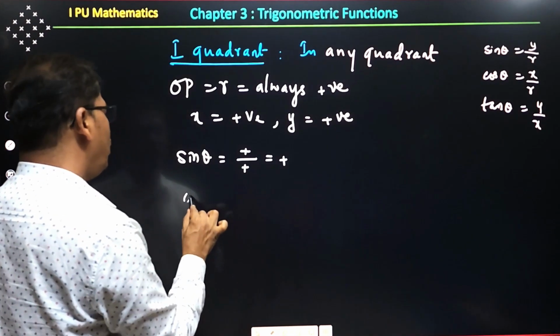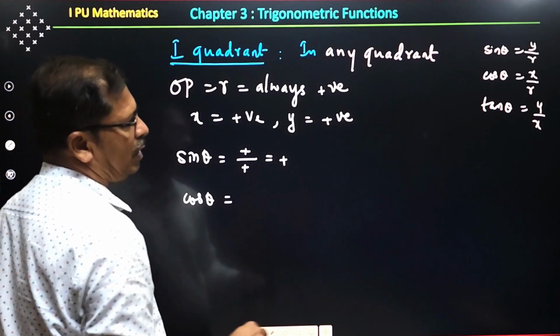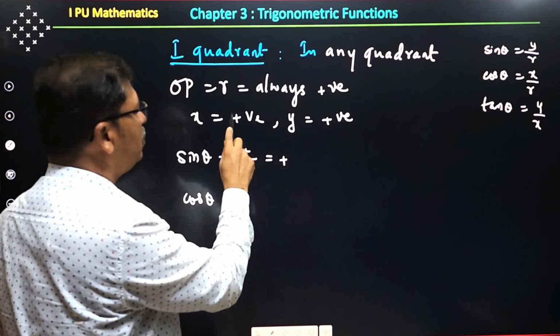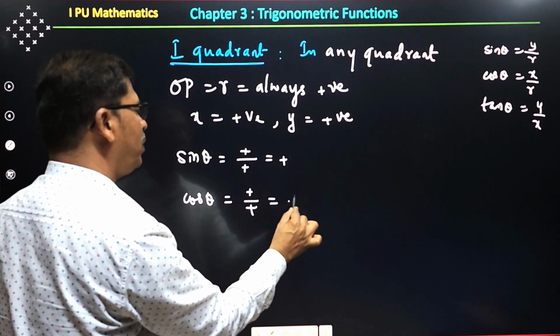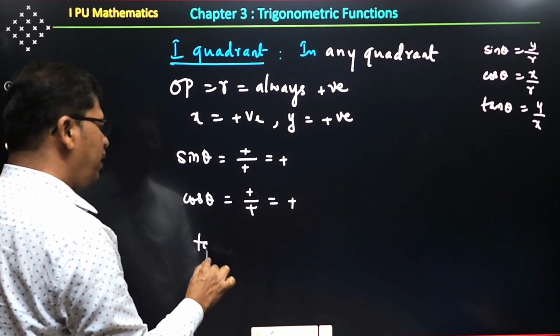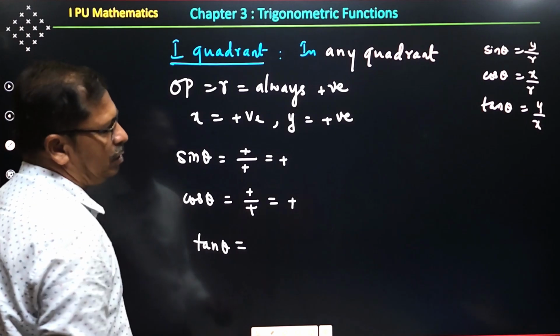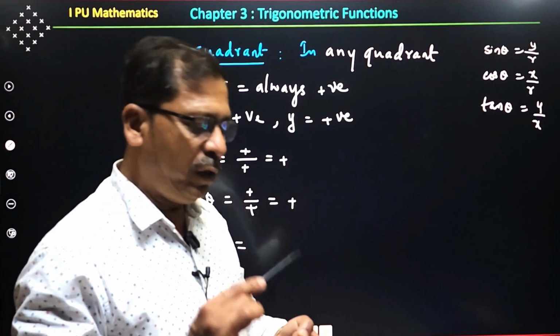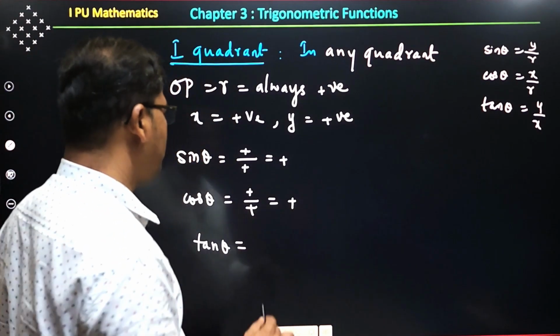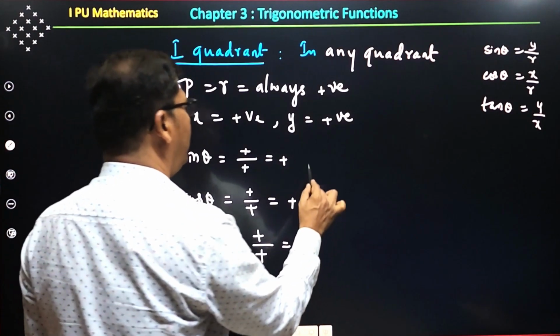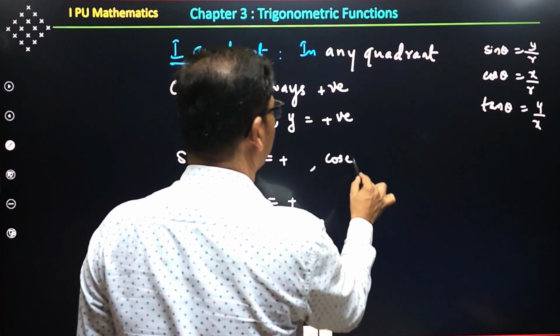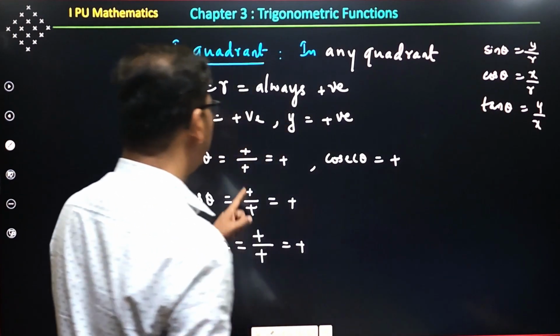Cos theta is equal to x by r, plus divided by plus, which is plus. Then tan theta is y by x, positive divided by positive, which is positive. Similarly cosec theta is positive, definitely positive.